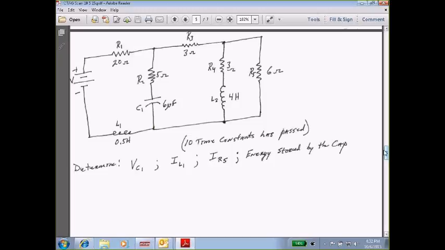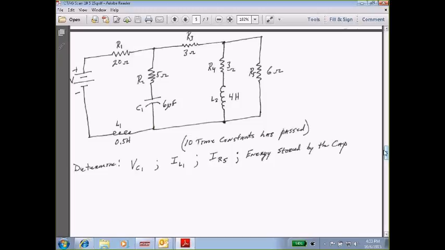Well, since fully charging a cap requires 5 time constants, and we've already passed that, we know that the capacitor is fully charged and it acts as an open circuit for DC. An inductor, after the 5 time constants has passed, acts as a short, a piece of wire.